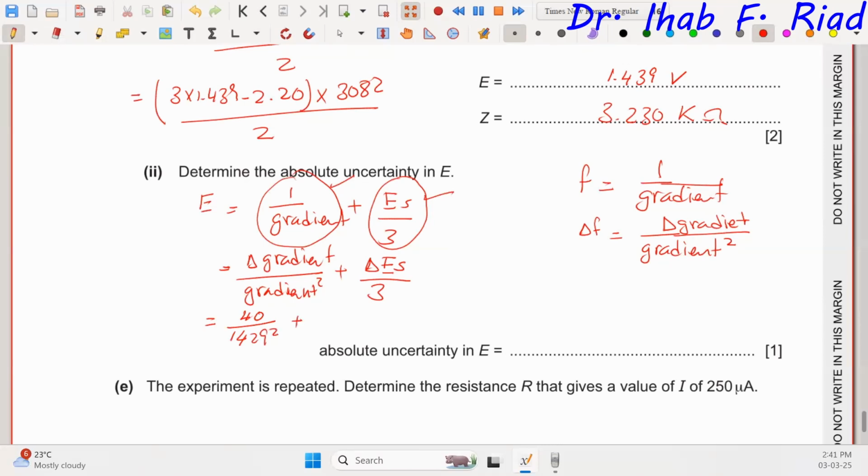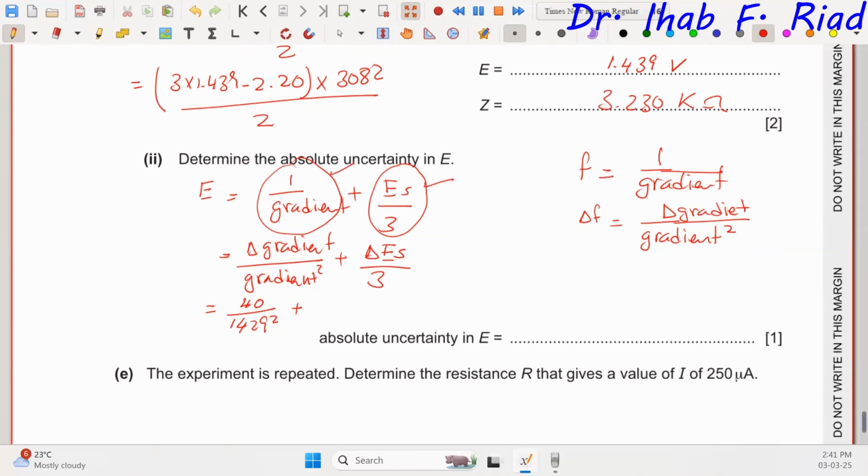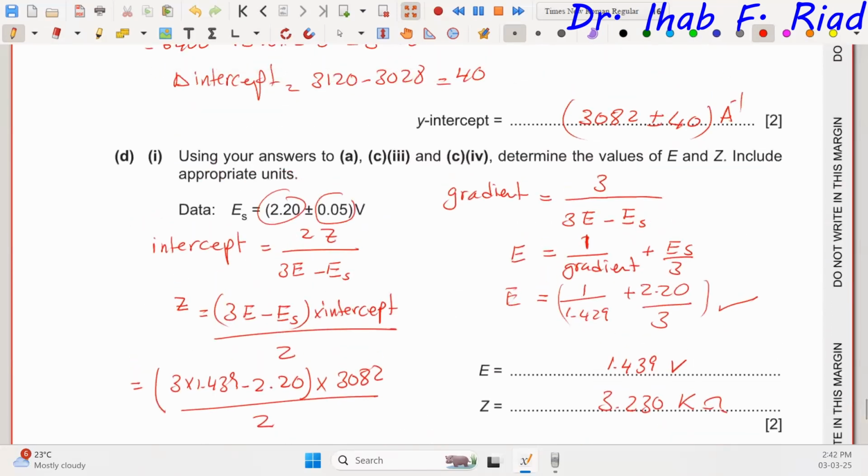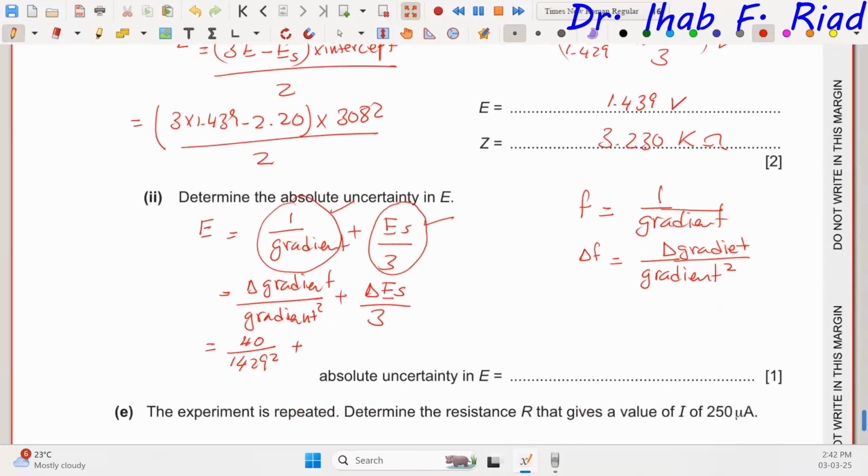Yes. Plus delta ES, we know it. It is given, 0.05. Okay? We do the math and we get something like 0.036. So it is 0.04.